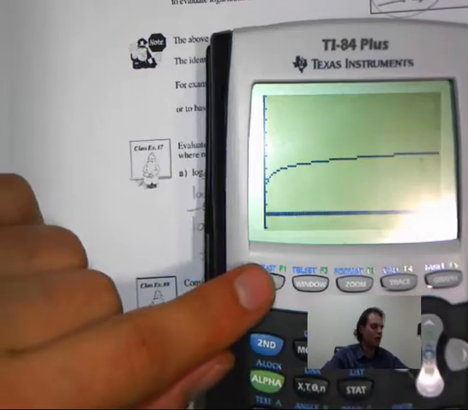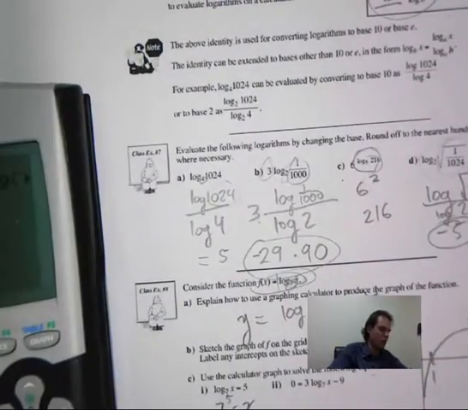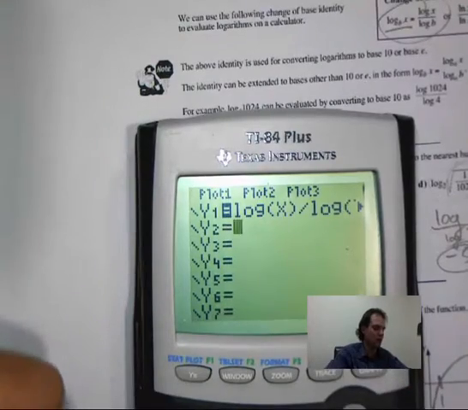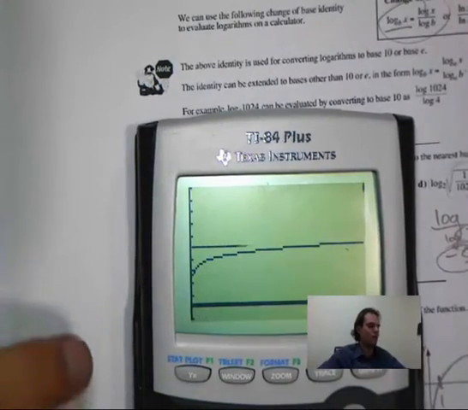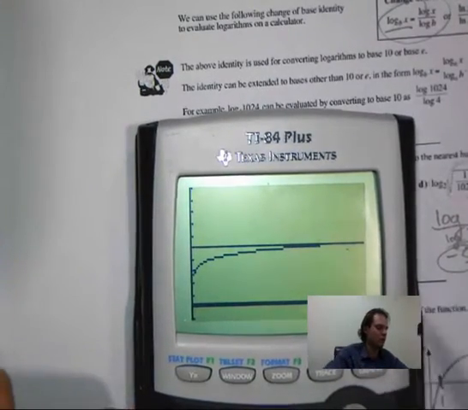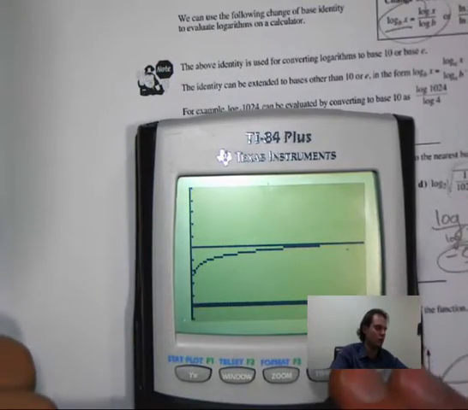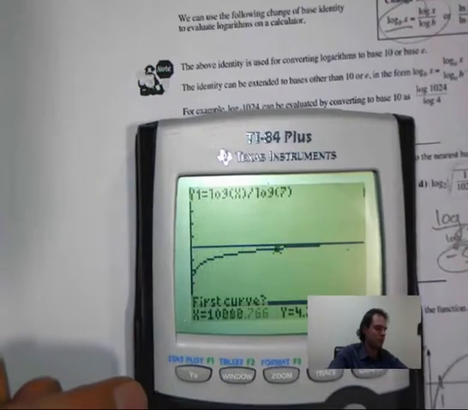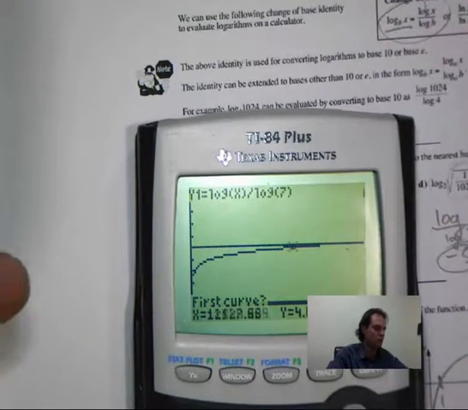Okay, now we want to know through graphing when it's equal to 5. So my y value is 5, and we have to find the intersection of this. And we all know how to do that. We're just going to go second, calculate, and we want the intersect. And so we get close. Where's it close to 5?